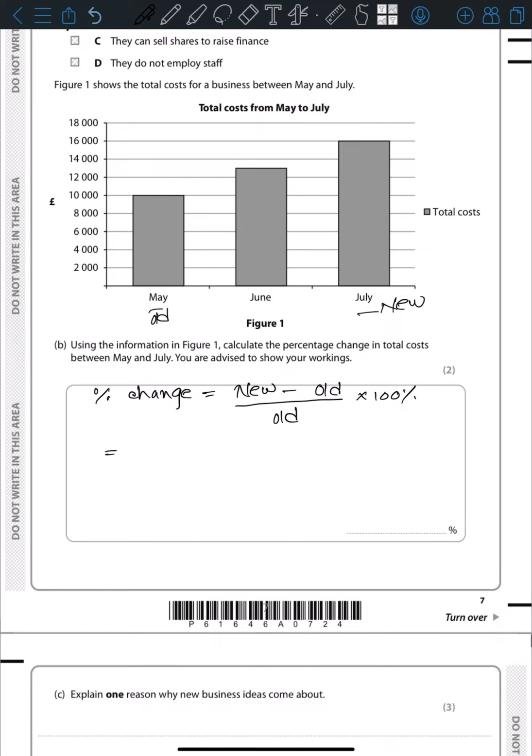So this means that for July, we can see that total cost is 16,000 minus the old value 10,000. New minus old divided by 10,000 times 100, which gives us 60%.